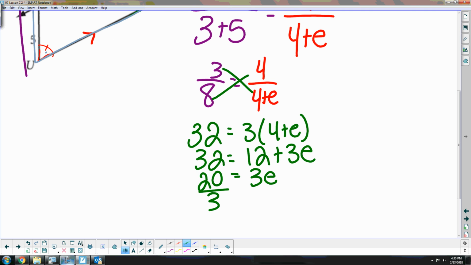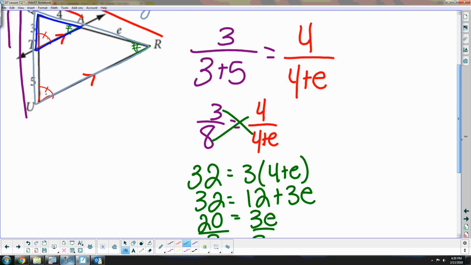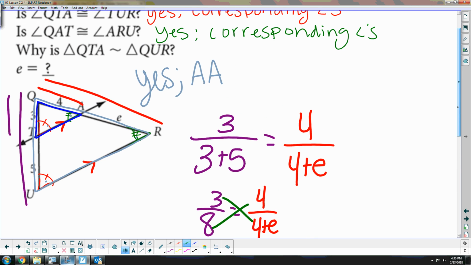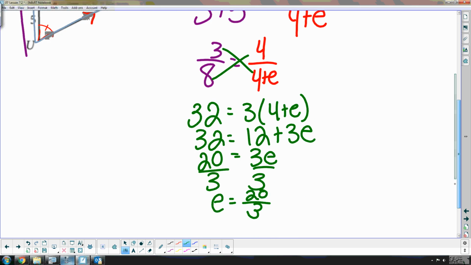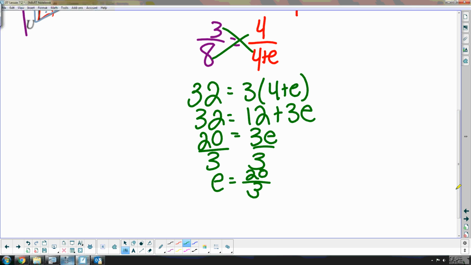So lastly, now we can just divide both sides by 3, and we get e equals 20 over 3 units. Does it give us units? Does not give us units. So whatever 20 over 3 is, now if you write it as a mixed number, it's the same thing. So you would have 6 and 2/3, whatever your units are.